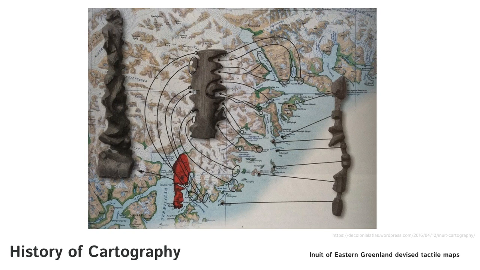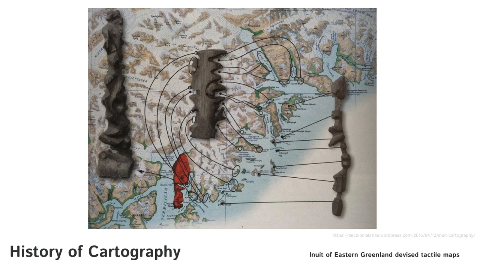Here are the Inuit of Eastern Greenland tactile maps, and you can see that the tactile components are on top of the reference map underneath, and the reference map obviously is a more modern understanding of space, but it has a direct relationship with the tactile components.